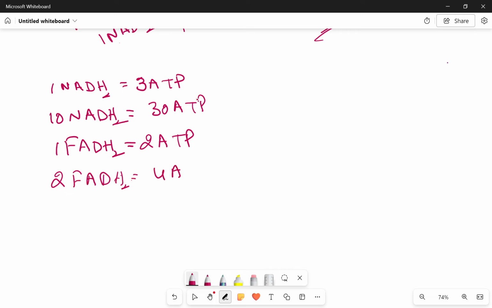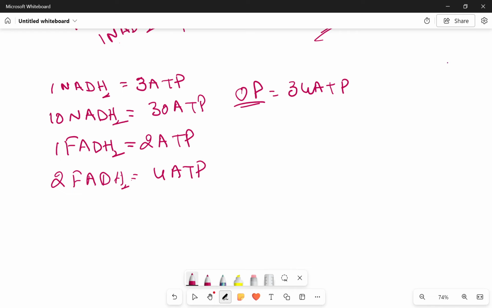So, we have 2 FADH2, so 4 ATP. So, through the electron transport system and through oxidative phosphorylation, we are getting 34 ATP. For OP we are getting 34 ATP.